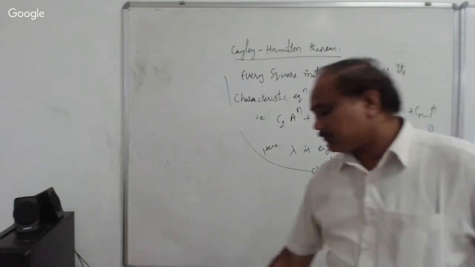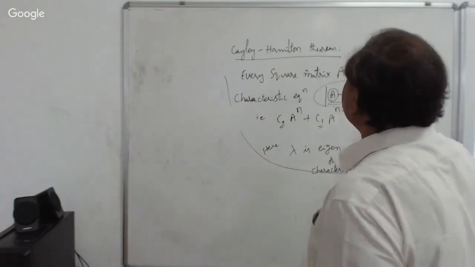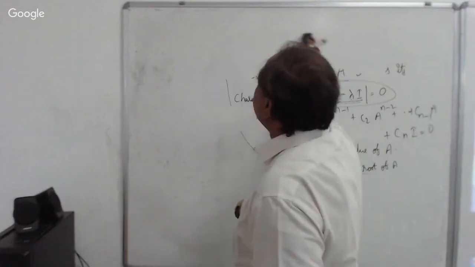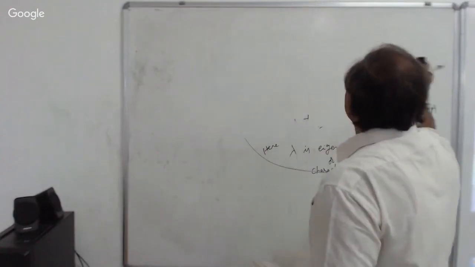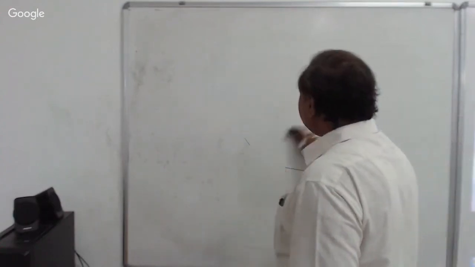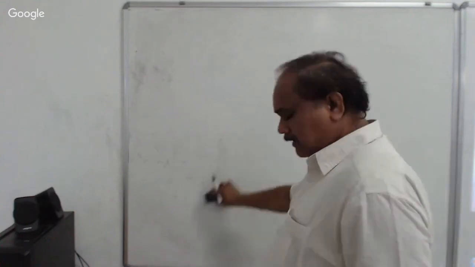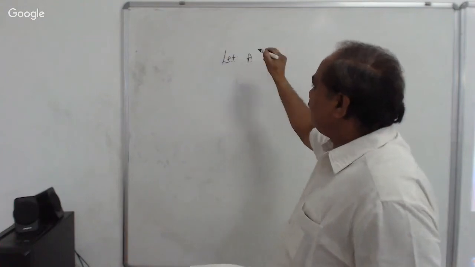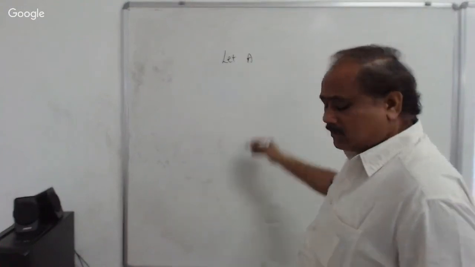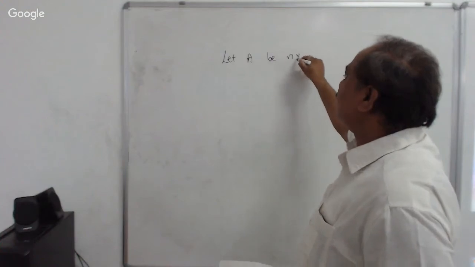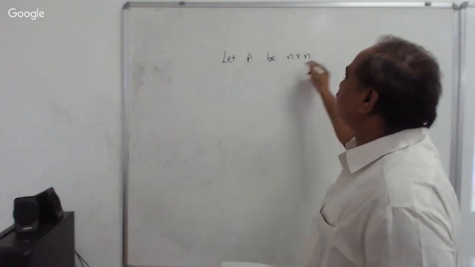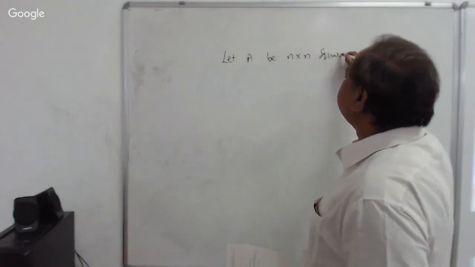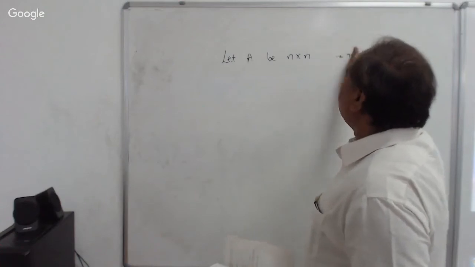Now, here, let A, capital A, be an n by n matrix, meaning an n by n square matrix.